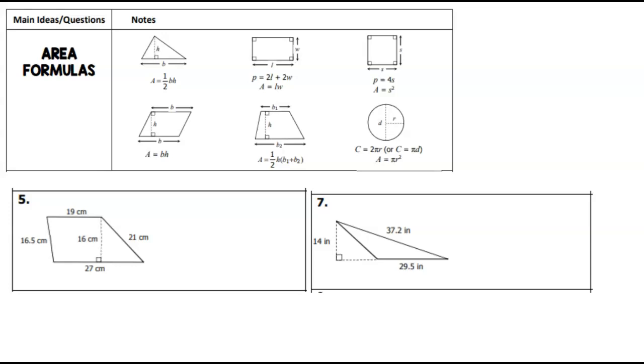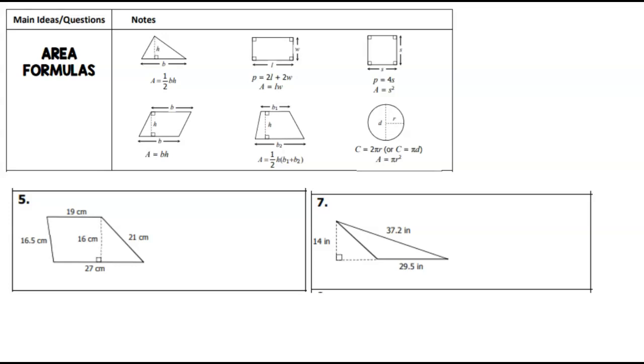All right, on to number 5. This is our trapezoid, number 5. So our trapezoid formula is right here. We do have two bases, so we have a little bit more to do than the previous one.